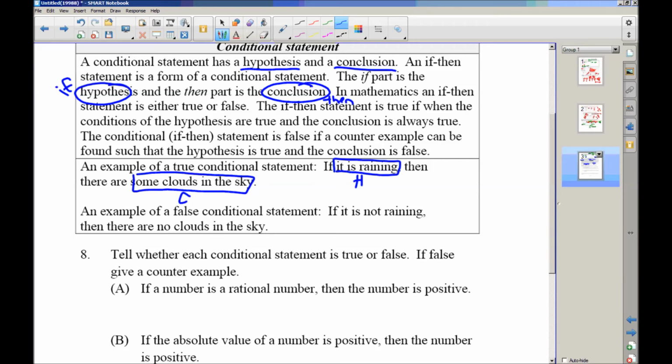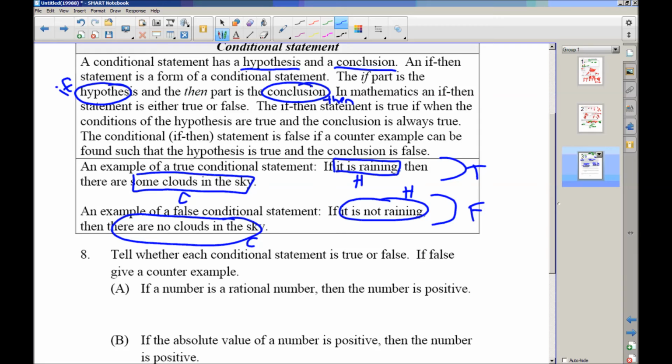But if I flip it around and make the hypothesis "if it's not raining," then the conclusion "there are no clouds in the sky." This was a true one, remember? Can we think of any example where we've been outside and it hasn't been raining, but it's cloudy? We all live in Germany, so we know that's possible.